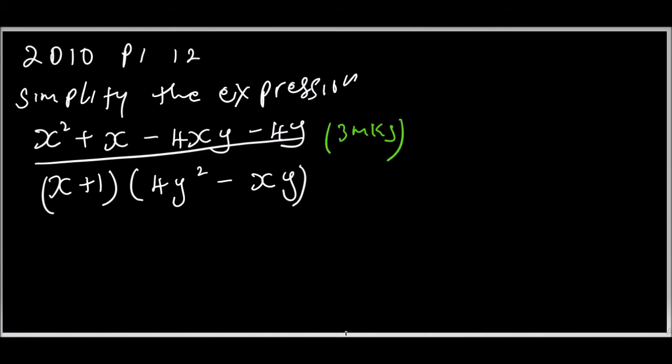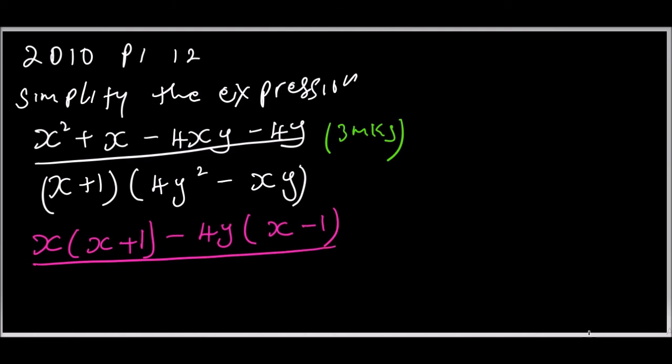It is easier because the numerator is expanded, so we can factor out x in the numerator. So we will be left with x plus 1. And here we factor out minus 4y. We will be left with x minus 1. So that is the numerator.